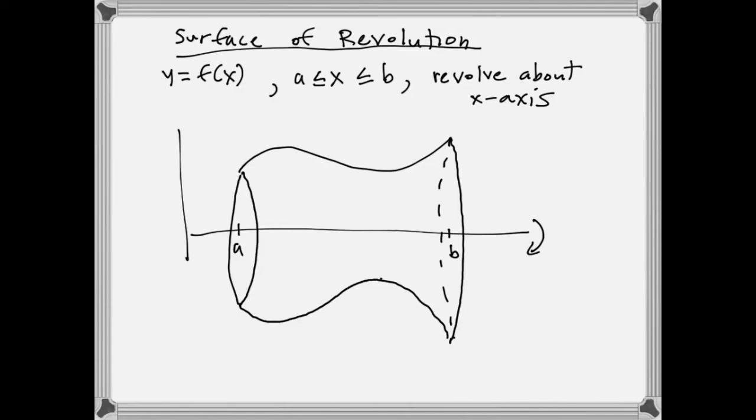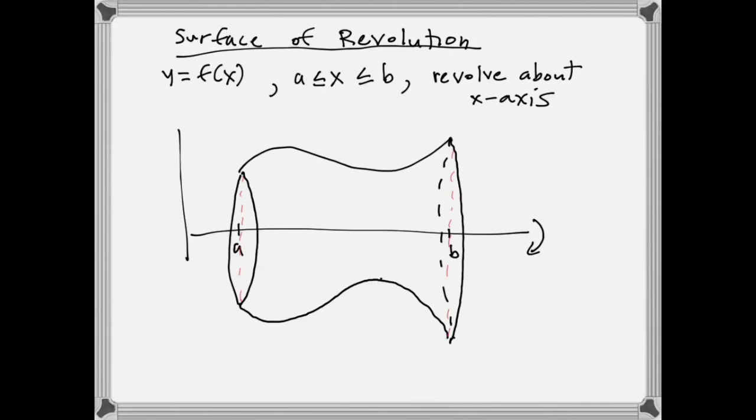And so what we're going to do, let me also draw a little red line down there. Okay, so we're going from A to B, and we revolved it around the x-axis, and we're trying to figure out what the surface of revolution is here. So what we're going to do is what we usually do, which is partition.